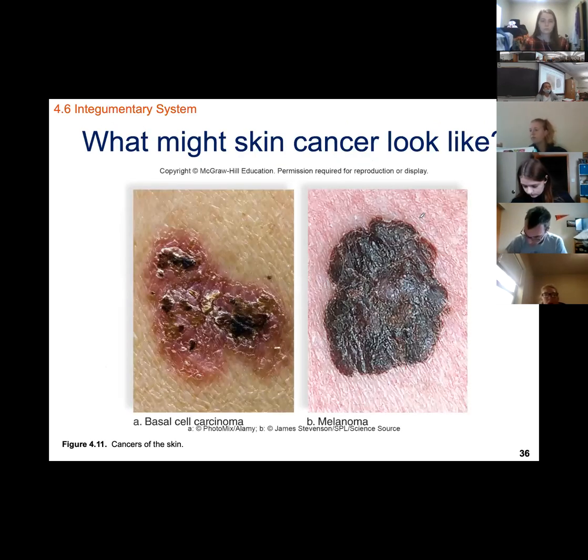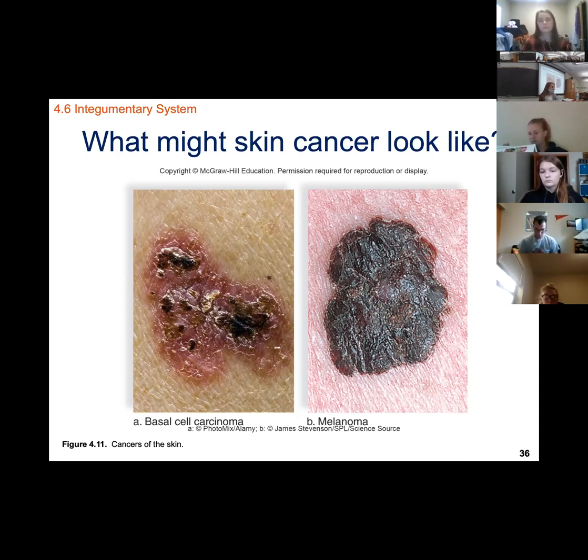What skin cancer might look like. They always tell you, when you go to get something checked out at your dermatologist or at your doctor, you're looking for discoloration and a different shape. So if you're worried about a spot on your skin that could be skin cancer, you look for: has it changed colors recently or within the last couple of months? And has it changed shape or does it have a different shape?